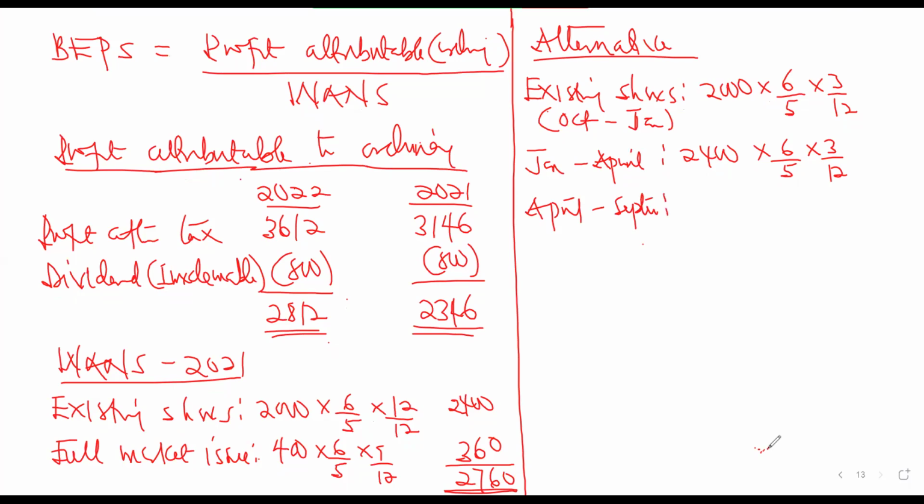Would that be 6 months? Yes. Okay, so what would be the total number of shares after the rights issue? It will be 1/5, 6/5 multiplied by the 2,400.